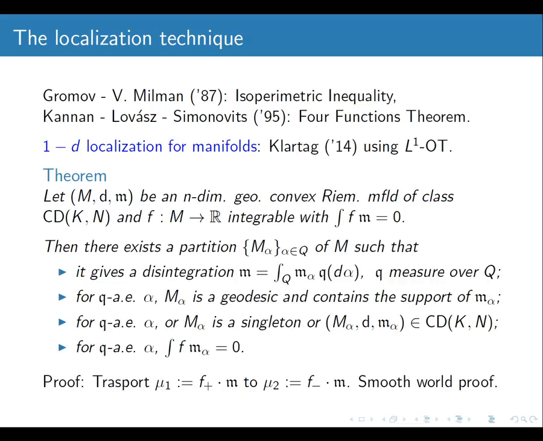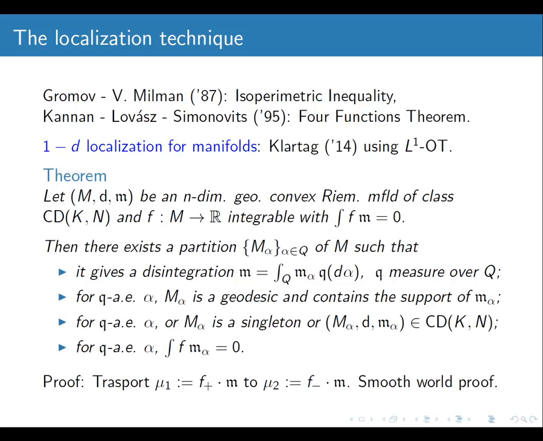The first thing that he found was that you can find a partition of your manifold. Each element of the partition is indexed by this index alpha. And the first point is that this decomposition of the space gives you a decomposition of the measure. So the total measure m can be written as the sum of all these m_alpha, integrated with respect to some kind of measure q over the set of indices.